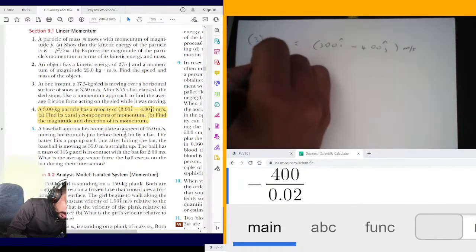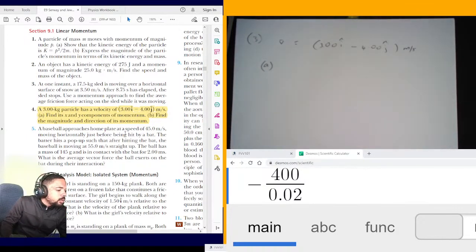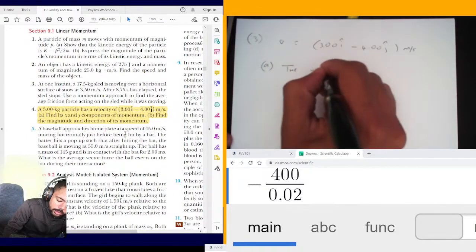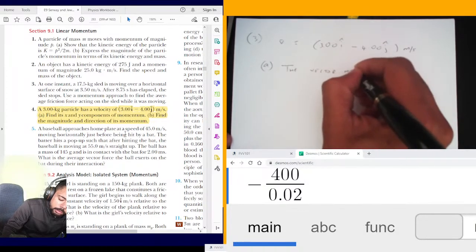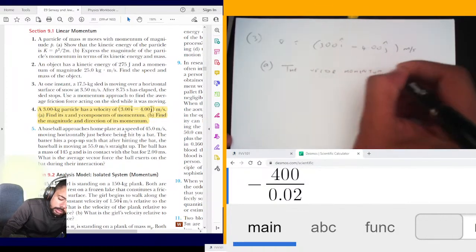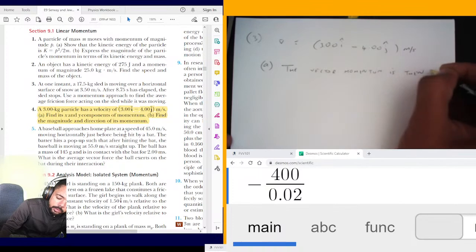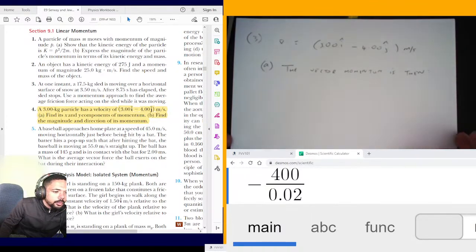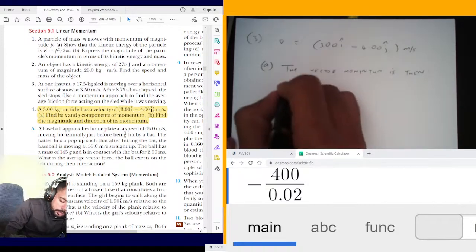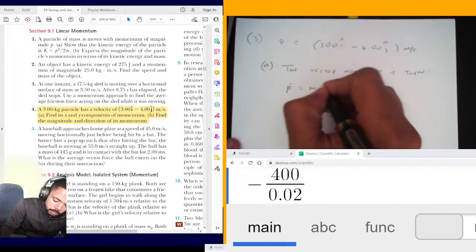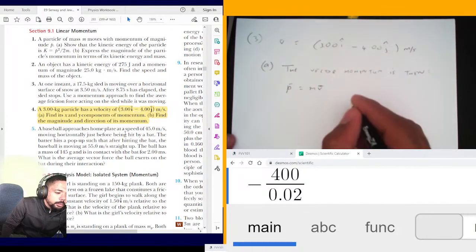Now it says A, find its x and y components of momentum. The vector momentum is then equal to mass times velocity.